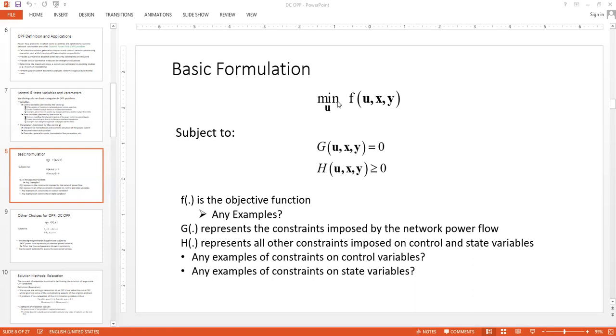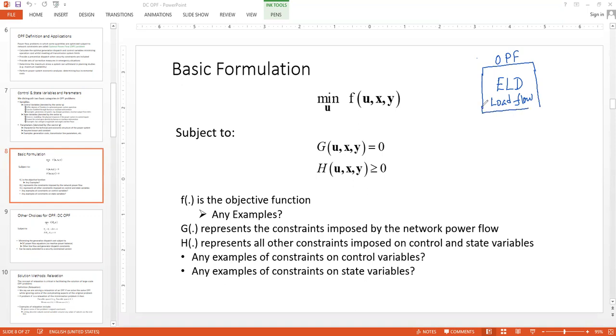When I say the conventional AC OPF, it means the OPF will take into account two things. One is the ELD. So we can write it like this: the OPF is basically the combination of ELD and load flow.